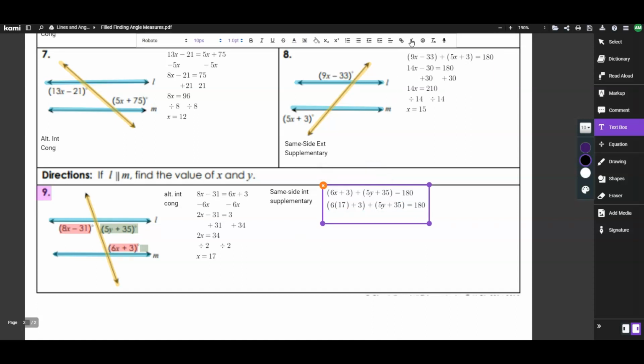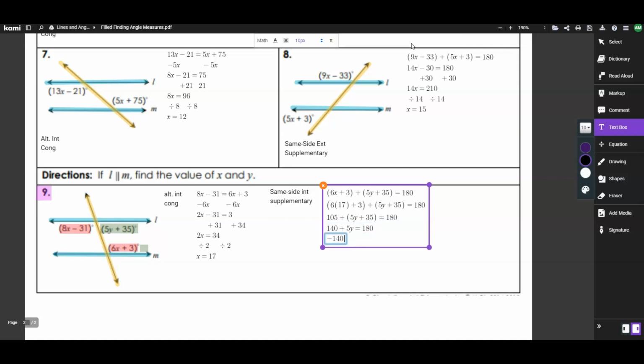6 times 17 is 102, plus 3 is 105. And then we're going to add to that 5y plus 35, and that's going to be equal to 180. We're going to combine like terms, so we have 140 plus 5y is equal to 180.